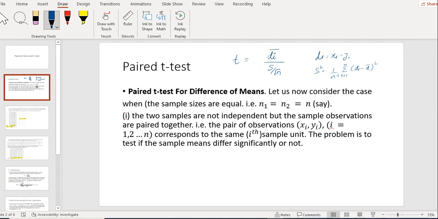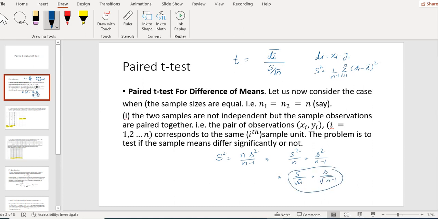Or instead of capital S we can use small s also, because we know the relation between capital S and small s: capital S square is equal to n s square upon n minus 1. So S square upon n is equal to small s square upon n minus 1. It means that S upon square root of n is equal to small s upon square root of n minus 1.